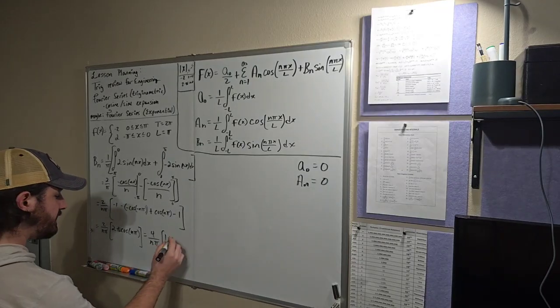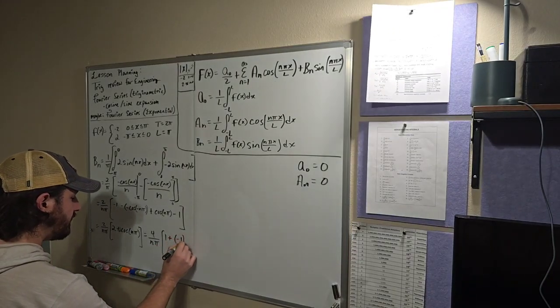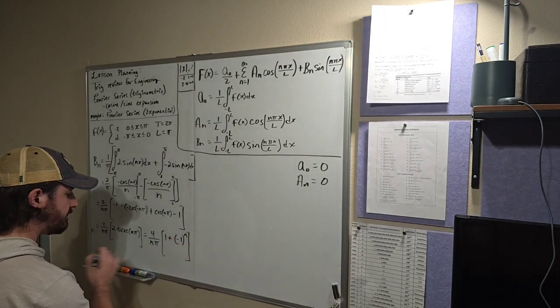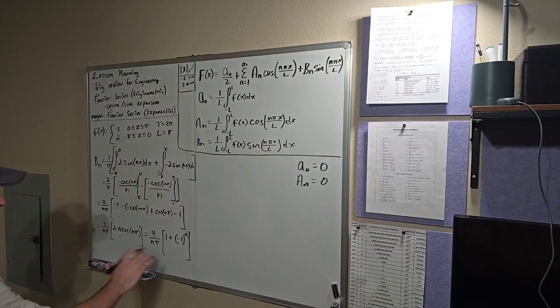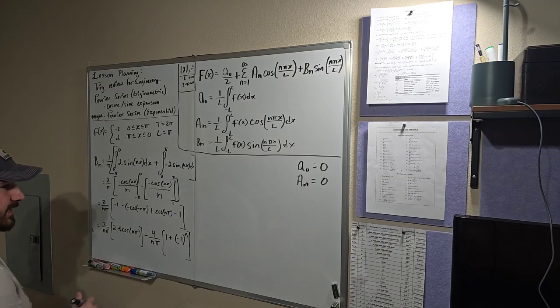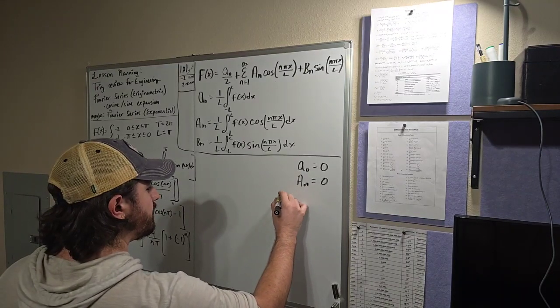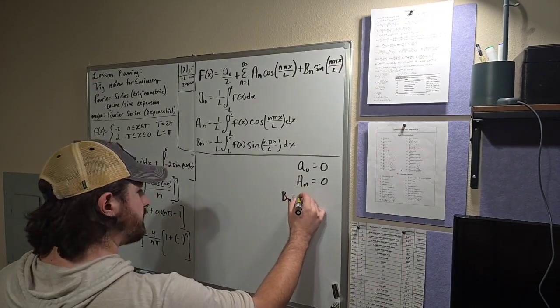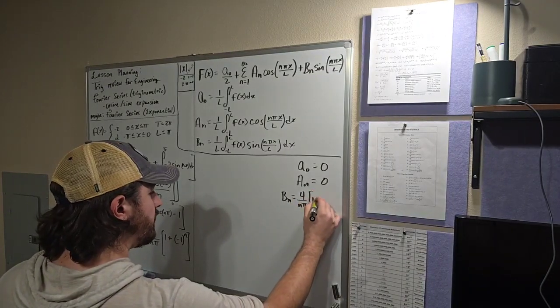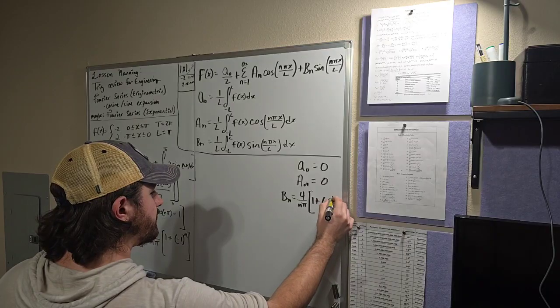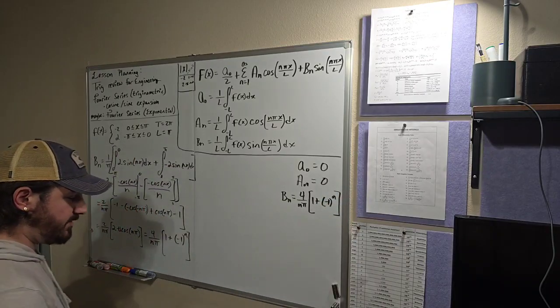We have an alternating series that is negative 1 to the n. Okay? And that's our b of n term. There's no other simplification we can really do here, so we're just going to leave it like that. So now we have b of n is equal to 4 over n pi times 1 plus negative 1 to the n. That's our b of n term.